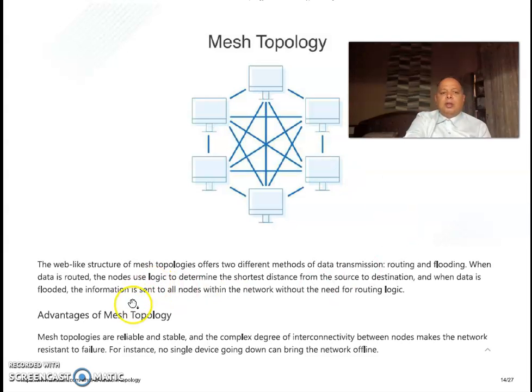So when the data is routed, some logic is required so that there will be no conflict and fewer collisions of the data packets. Even whenever you transport the data, the nearest neighbor path needs to be chosen, which is the nearest path, so that data can be transmitted over that path with less delay in the transmission of data.